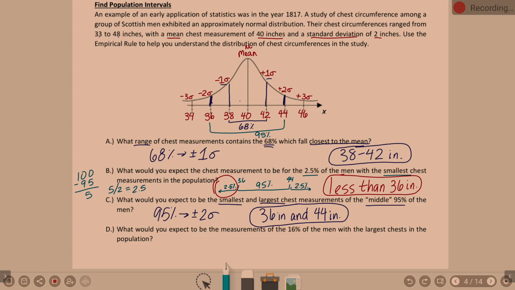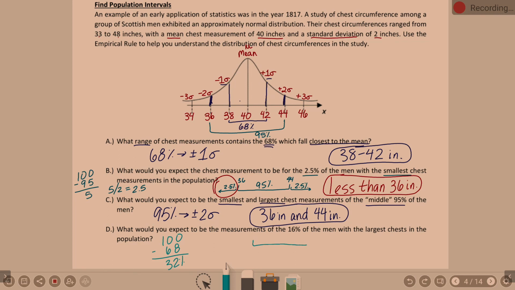Now, let me walk you through it forwards. 100 minus 68. What is 100 minus 68? 32. Basic math, yes? The math we're doing is really just basic math. Now, think about this.